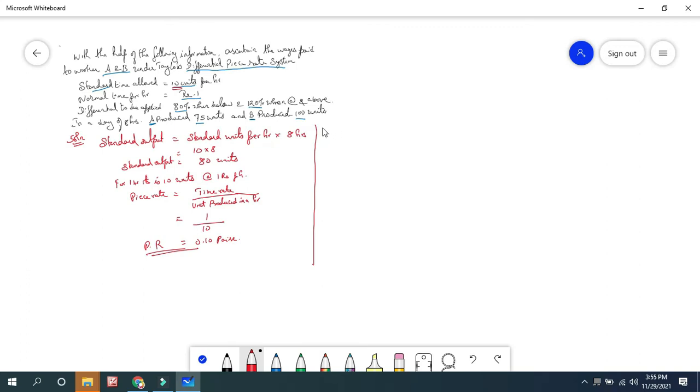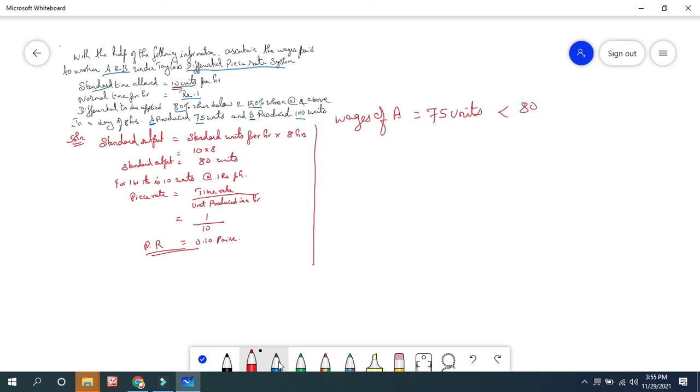Now we are going to calculate the wages of worker A. Worker A produced 75 units. The standard output is 80, so 75 units is less than 80 units.